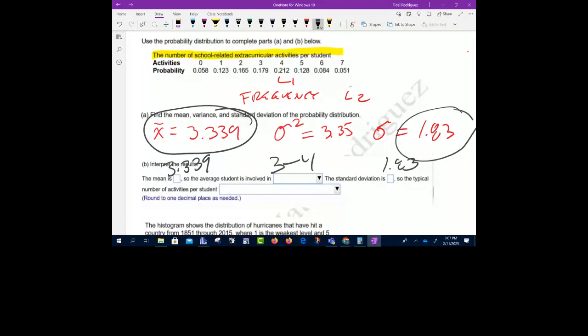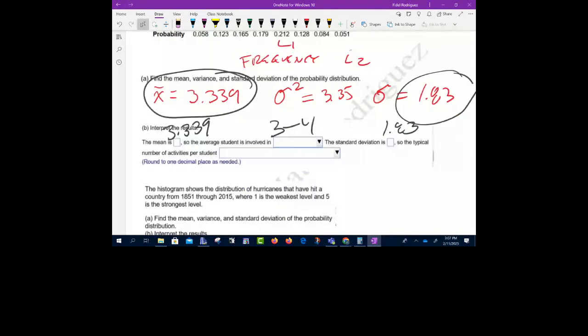So the number of activities per student is, let's see. Man, I'm trying to remember how they phrase this part here, y'all. I think it's going to say something like an average between 3 and 4 with a standard deviation, and they're going to round that, y'all, to 2.